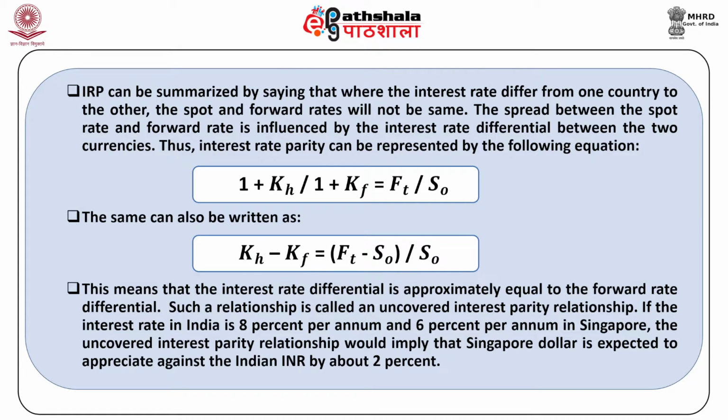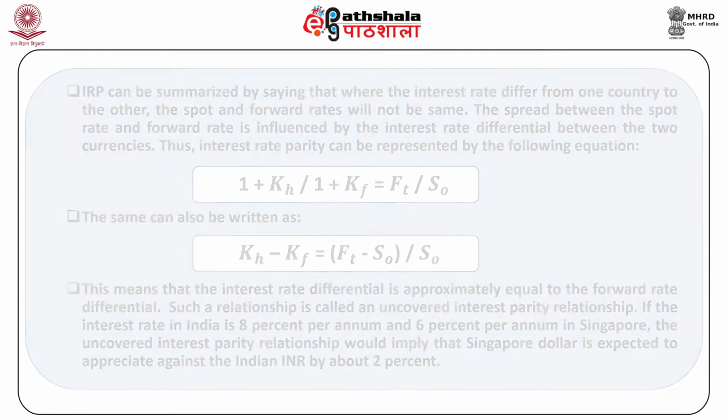This means that the interest rate differential is approximately equal to the forward rate differential. Such a relationship is called an uncovered interest parity relationship. If the interest rate in India is 8% per annum and 6% per annum in Singapore, the uncovered interest parity relationship would imply that the Singapore dollar is expected to appreciate against the Indian rupee by about 2%.